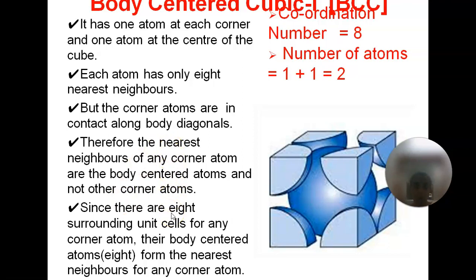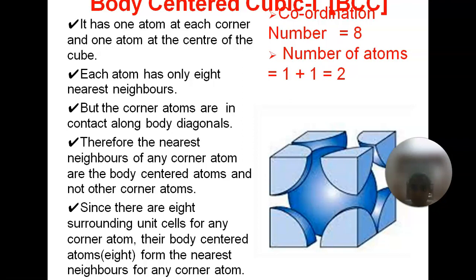So we have the number of atoms as 2. The nearest neighbors of a body centered atom are not other corner atoms. Now we have to calculate the neighboring atoms. The corner atoms are all shared by the nearby unit cells, so we cannot call them neighbors.